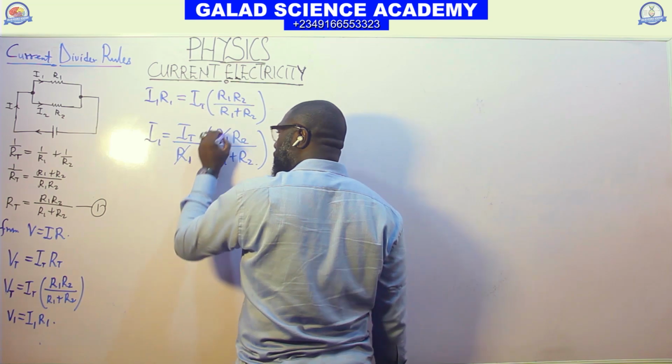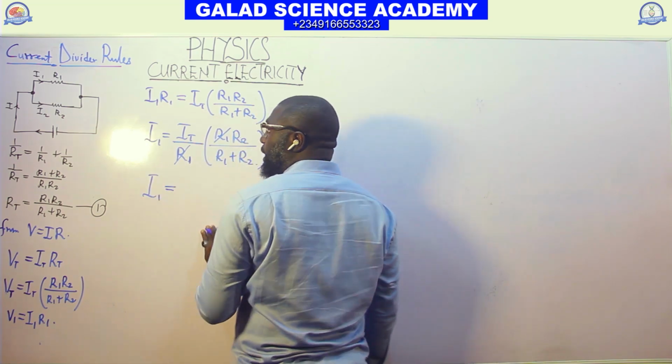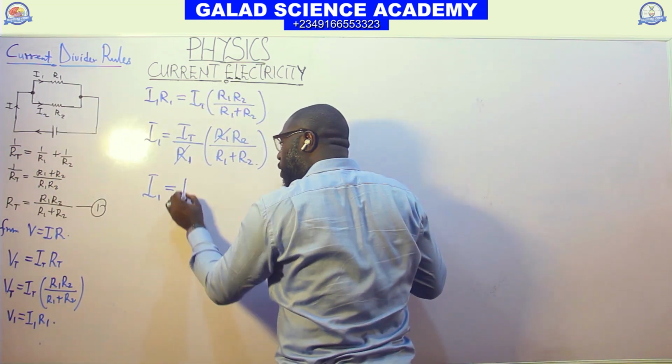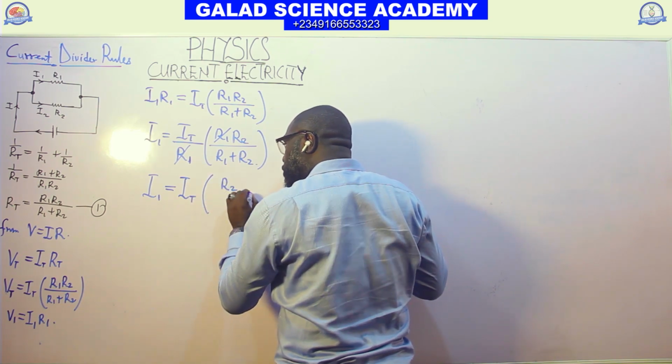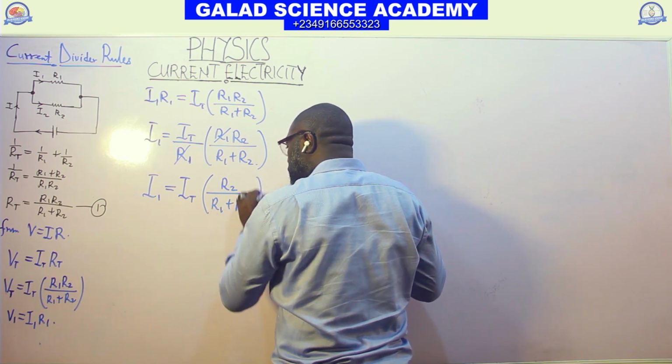So this R1 cancels this R1. So the current that passes through R1, I1, will be the total current into resistor R2 over R1 plus R2.